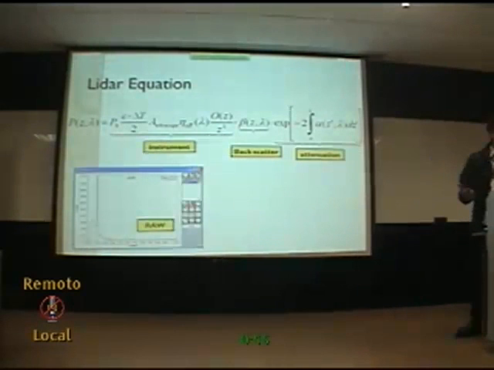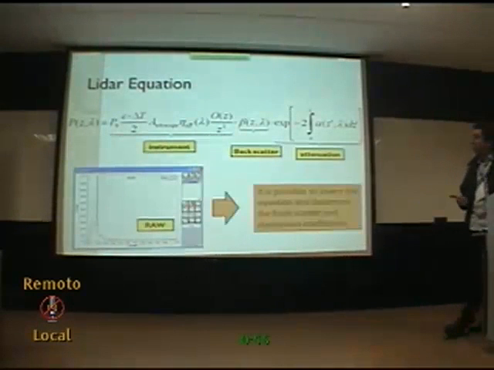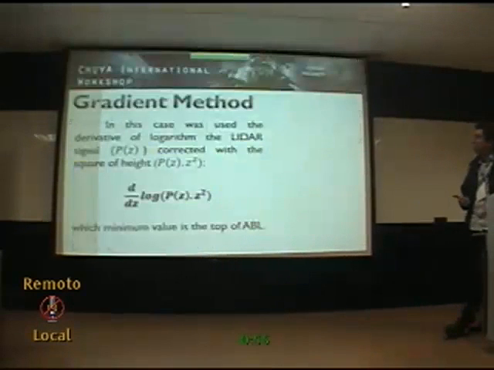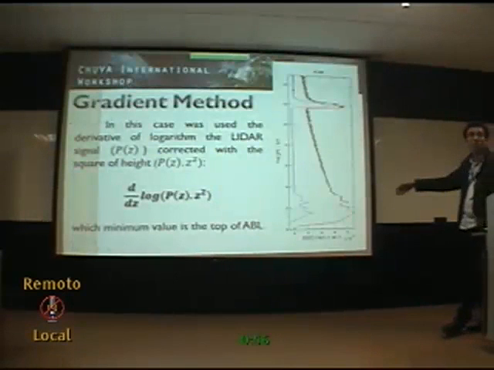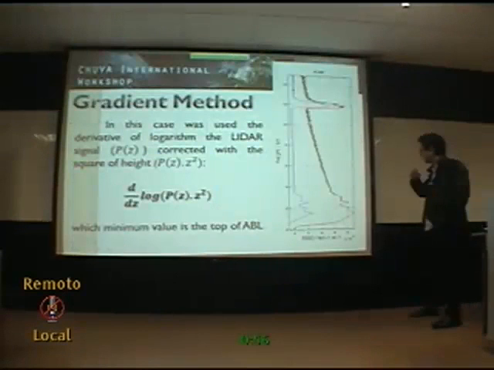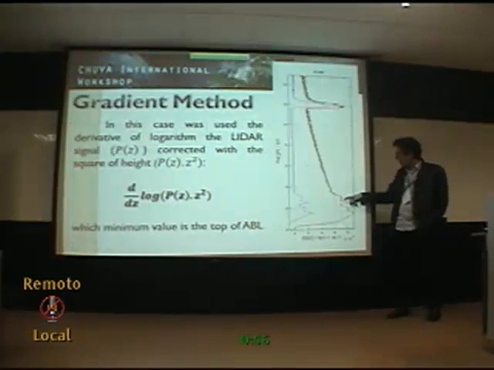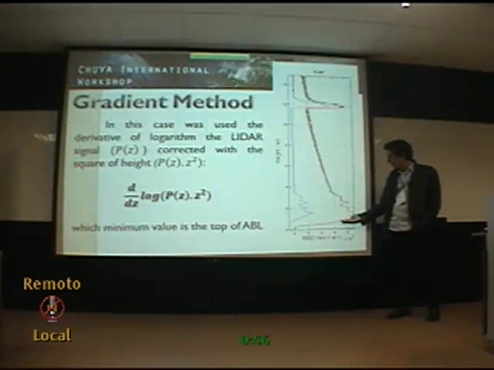So how does the first method that they used work? If you look at the profile of aerosols in the vertical, you're going to see a layer of aerosols here near the ground. You don't see anything below a certain height just because your telescope is not looking at the laser.